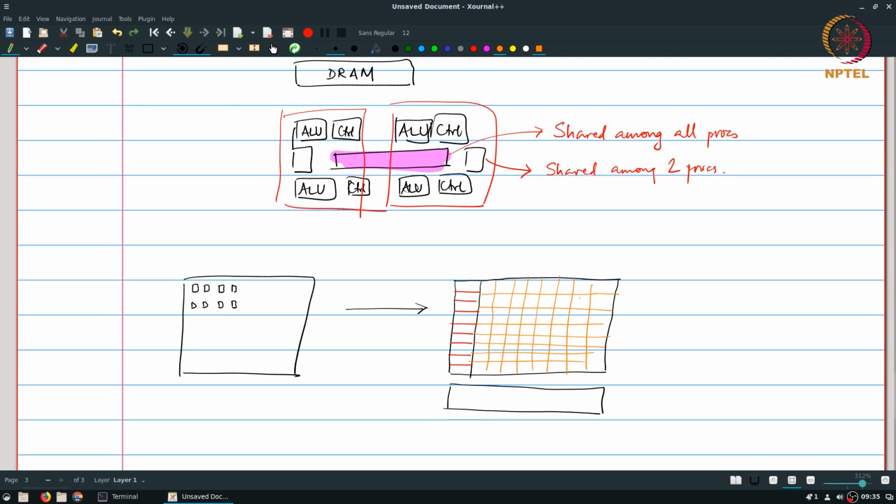And each block or each rectangle that I have over here would essentially be one processing core. This architecture is what is nowadays commonly referred to as the many-core architecture, as opposed to the multi-core architecture which you typically see in CPUs.